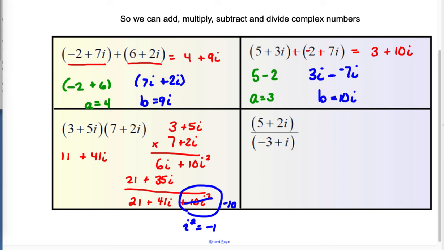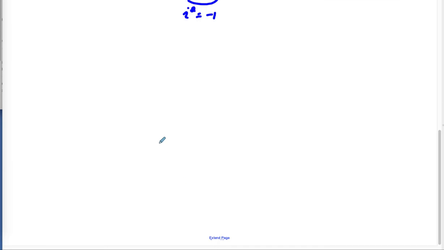Division. Our word, the conjugate, is coming back. So let's review for a second the conjugate. We just did it in factoring. So if we did a minus b and we multiplied by a plus b, we called these conjugates of each other because they made the middles drop out.